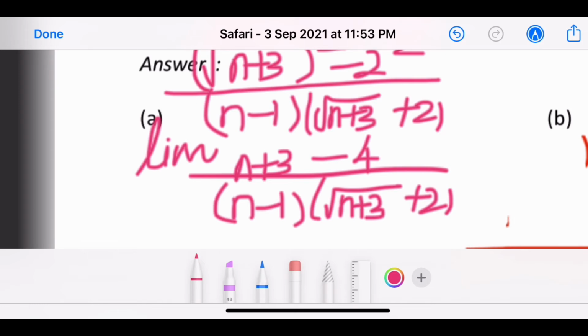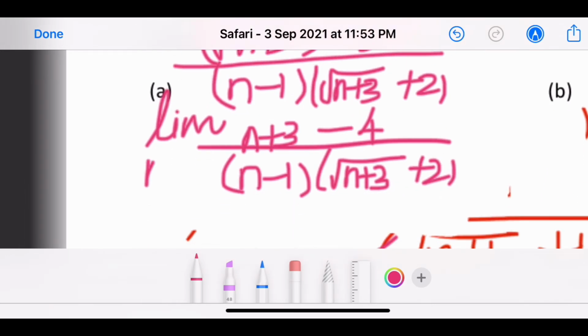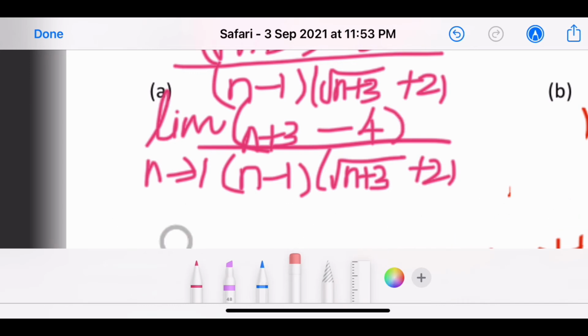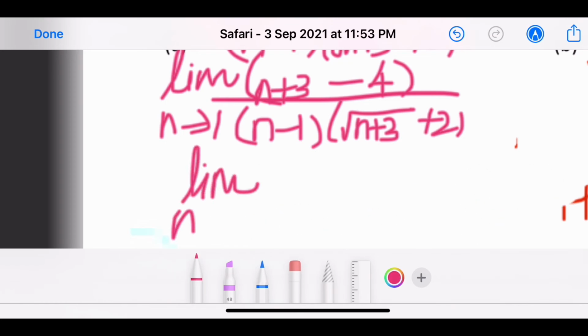So this one is n approaches 1, and this thing is n minus 1, right? So we can cancel out the common factor, right? So before we substitute, we need to cancel the common factor first.